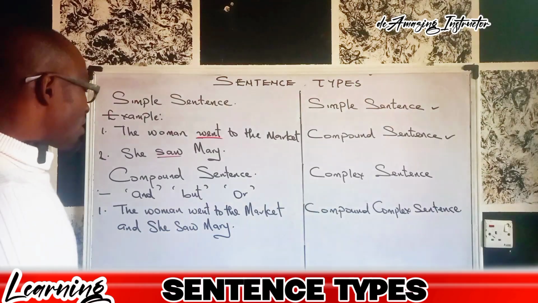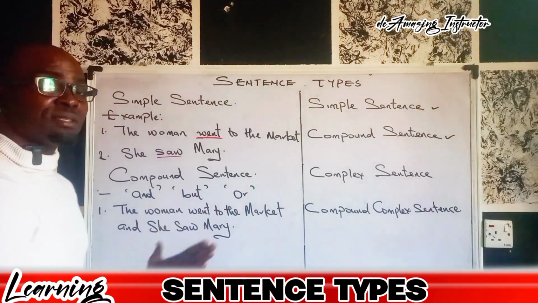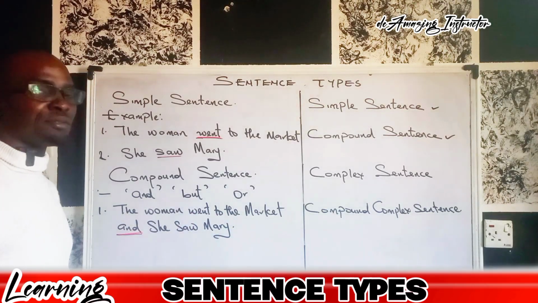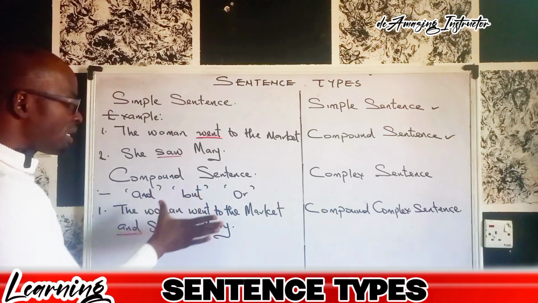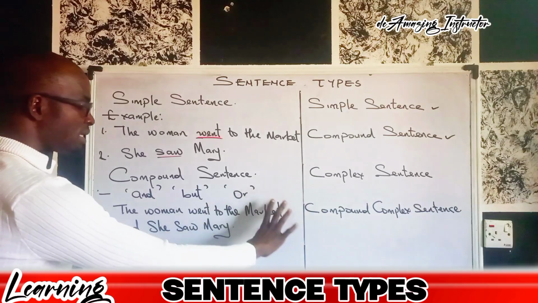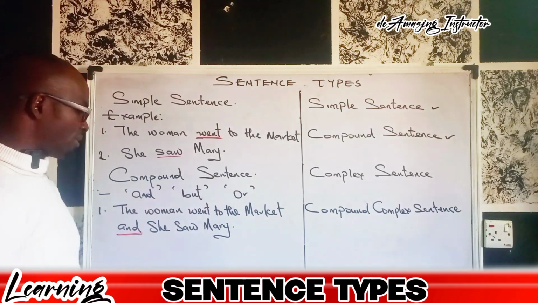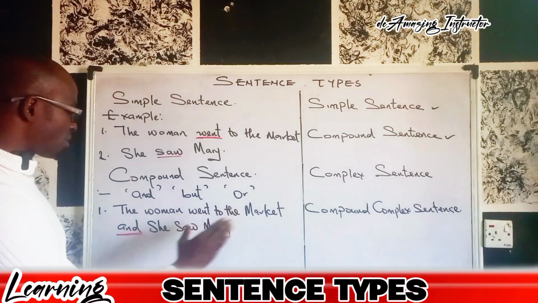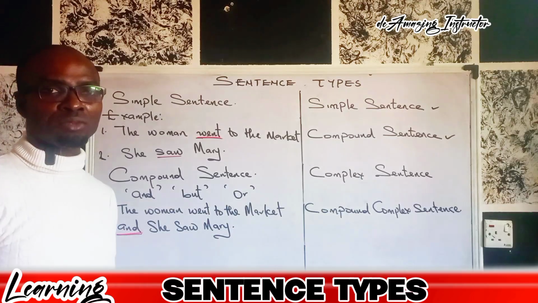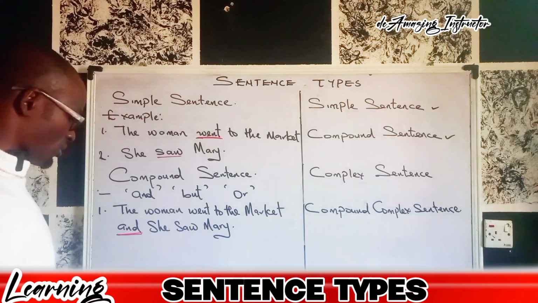Now, two sentences are joined together with a coordinating conjunction. Since these two independent clauses are joined together with a coordinating conjunction, this kind of sentence is regarded as a compound sentence. So, the woman went to the market and she saw Mary is an example of a compound sentence. Let me provide one more example before we end this class.